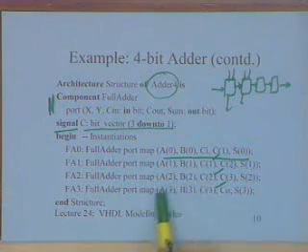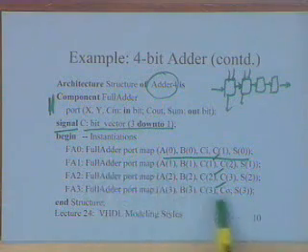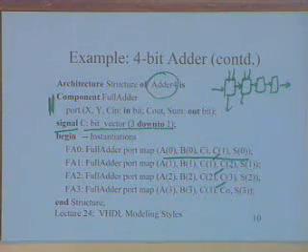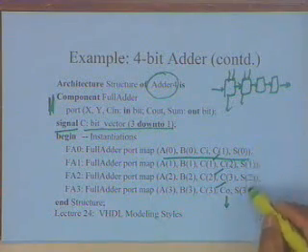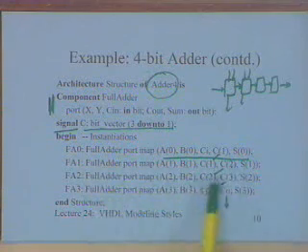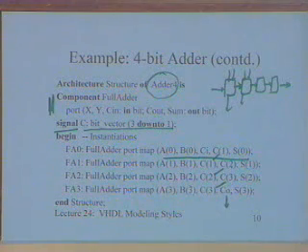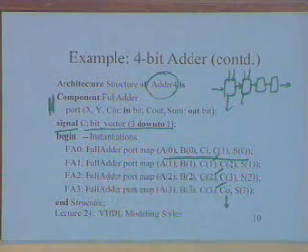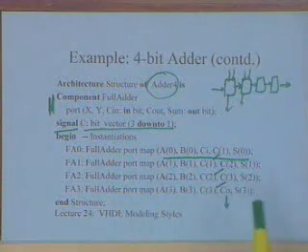A1, B1, A2, B2, A3, B3 are all coming from the input ports, and CI is again coming from the input port. CO is going to the output, and S0, S1, S2, S3 are all going to the output. So there are 4 instantiations of the same adder bit. We will also see how you can do it through a generate statement. You don't have to write it 4 times, but this is a simpler way.